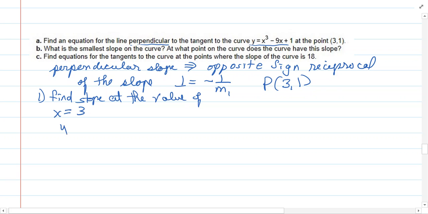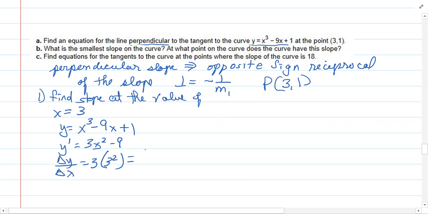So we have y equals x cubed minus 9x plus 1. The derivative is 3x squared minus 9. Now we're putting in the 3 into there. And we're going to say change of y over the change of x because we want to make it the slope. 3 times 3 squared minus 9. So this is 27 minus 9. We get 18.